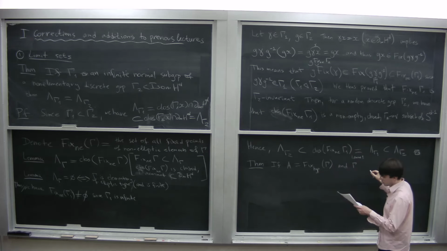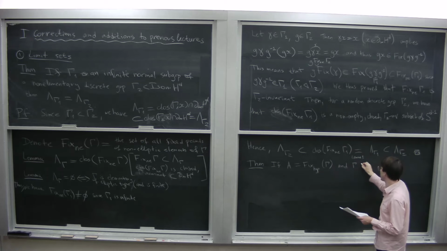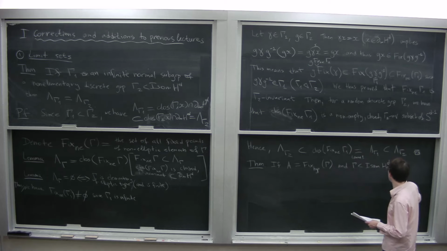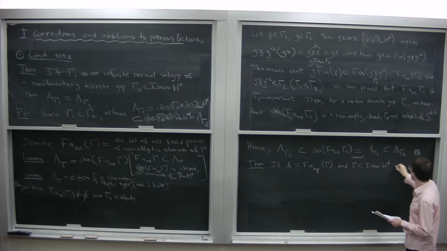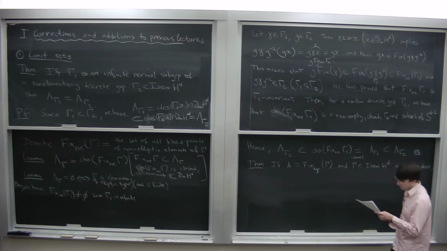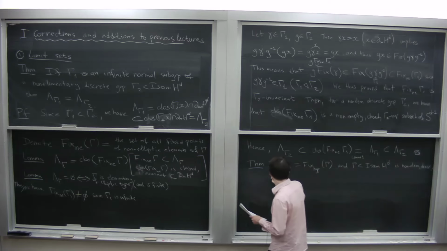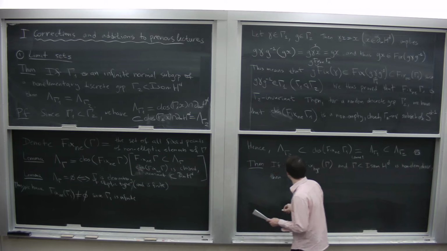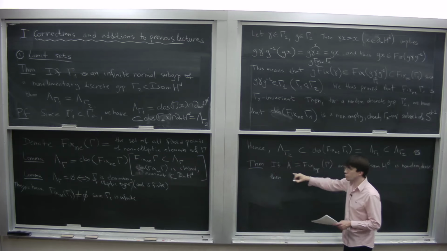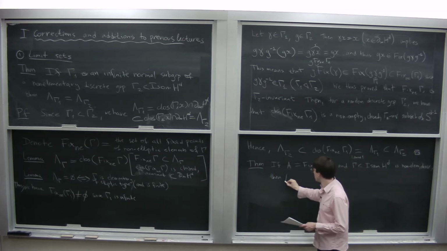So if gamma is a non-elementary discrete subgroup of MHD, then the limit set lambda gamma coincides with the closure of A.